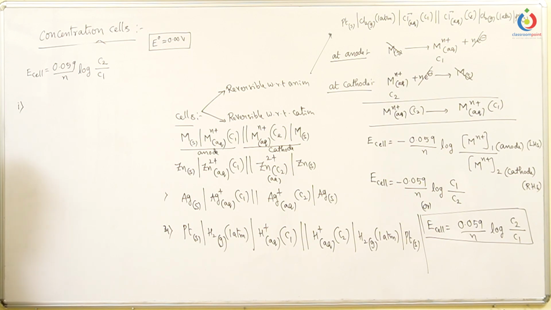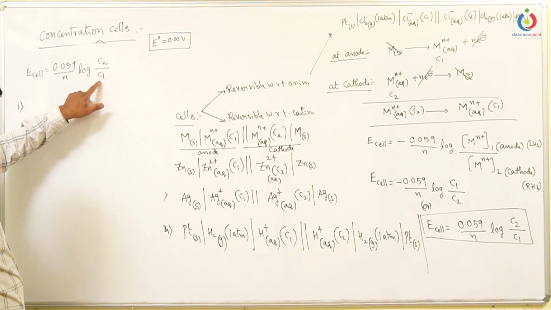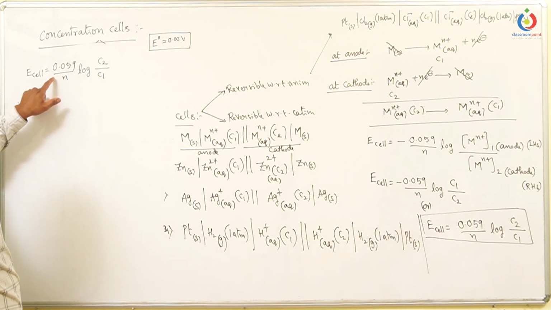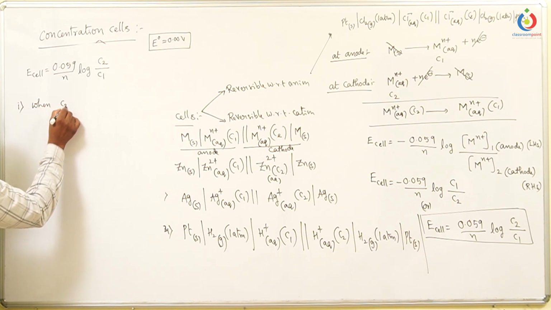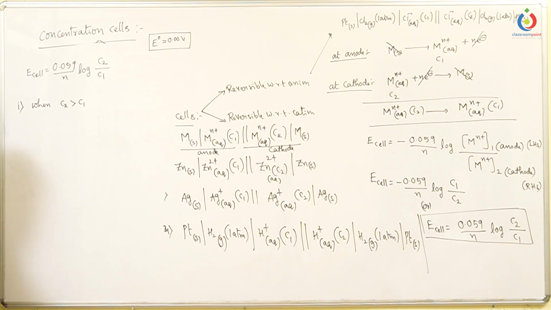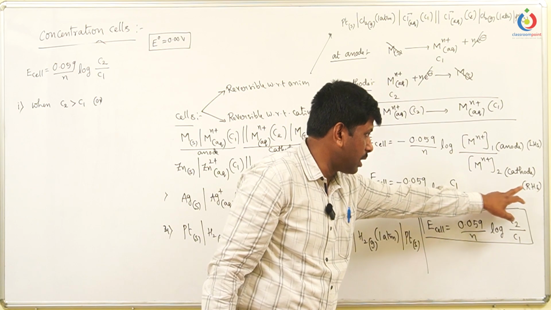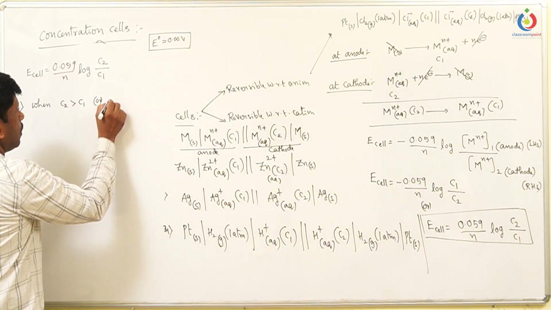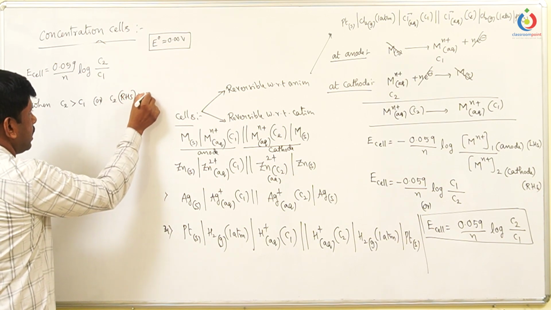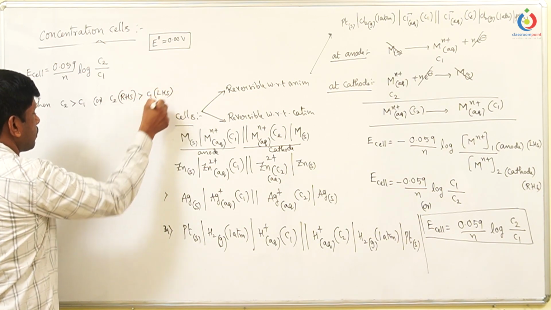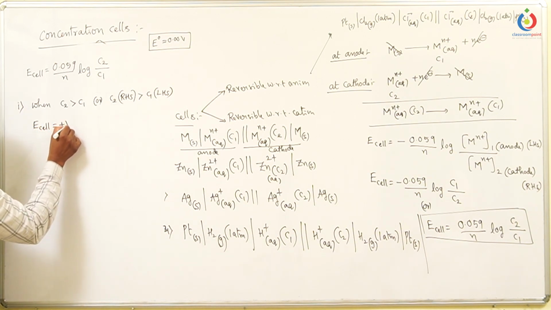The information which we can derive from this is, when the concentration C2 is more than C1, then the E cell value is positive. So when C2 is greater than C1, where C2 means the right hand side electrode concentration, that is, if C2 of RHS is greater than C1 of LHS, then the E cell value is positive.